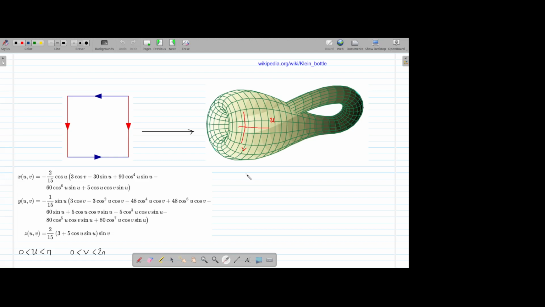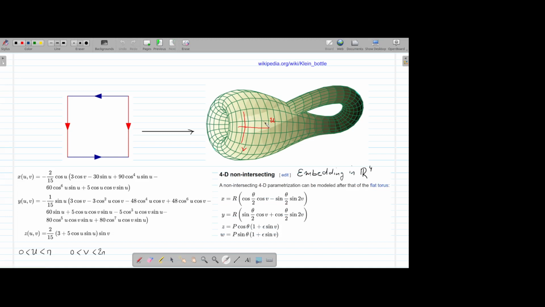Then we can define coordinates u and v on the Klein bottle, such that we can map this range of u and v onto the x, y, and z coordinates of the points on the surface.